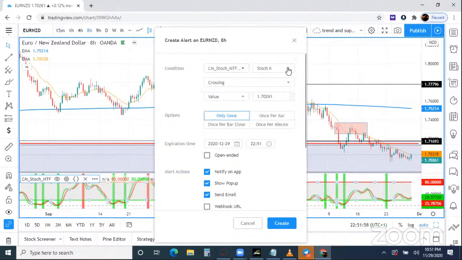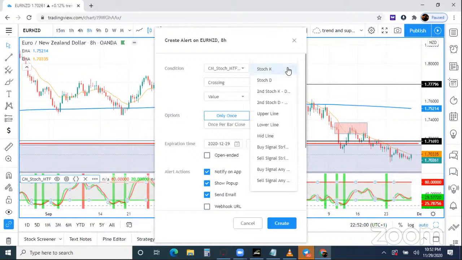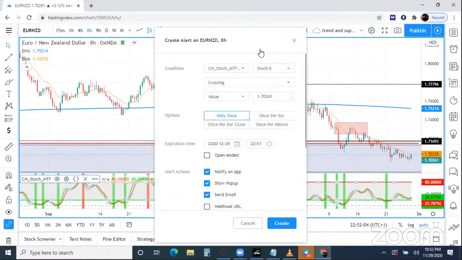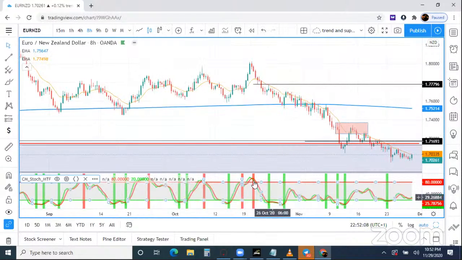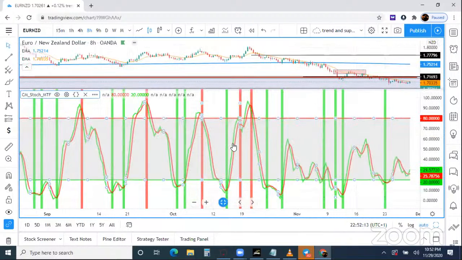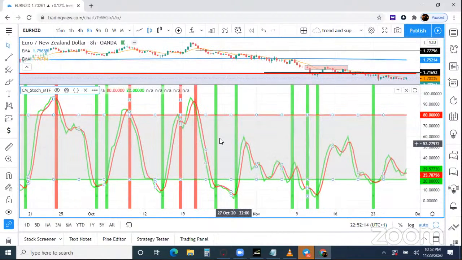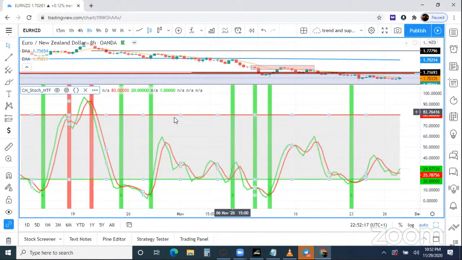When the stochastic K or D is crossing, it can send alerts to you. The way this indicator works naturally is that the color here is too bright. This green is more or less like buy, and the red is more or less like sell. But that's not what you and I are looking at.